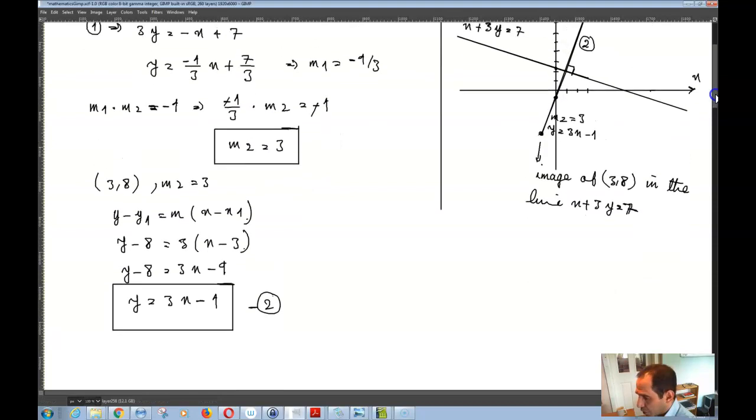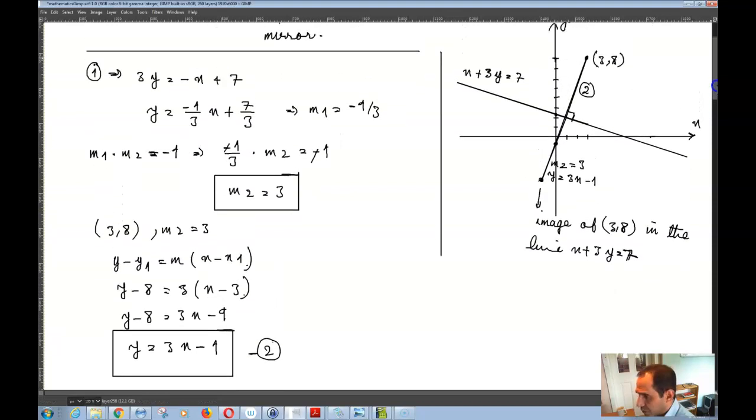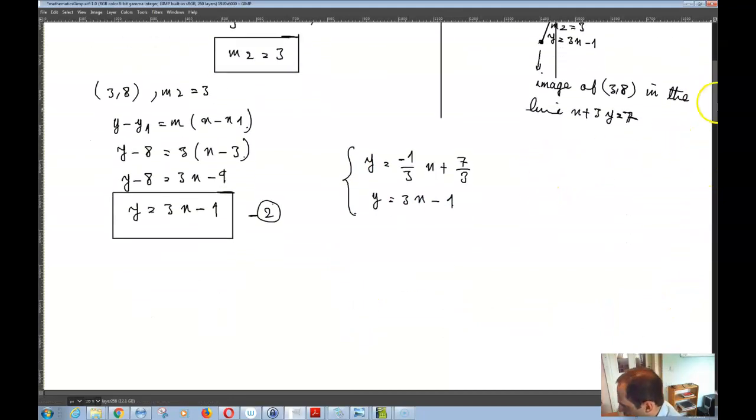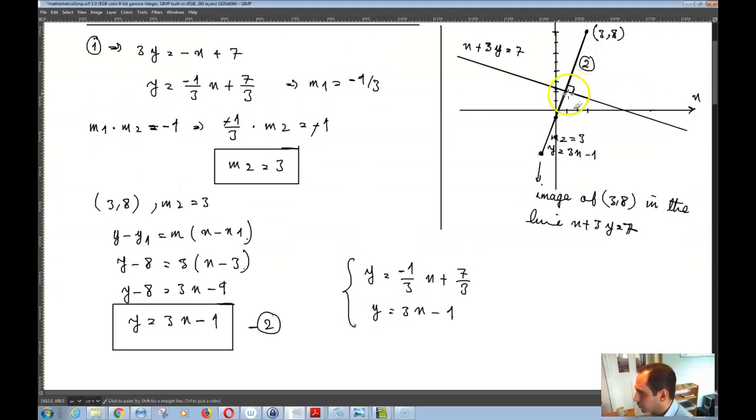So now I have the equation of this line and the equation of this line. I can write y is equal to negative 1/3 x plus 7/3, and y is equal to 3x minus 1, and use it as a system of equations to find the point of intersection of the two lines.